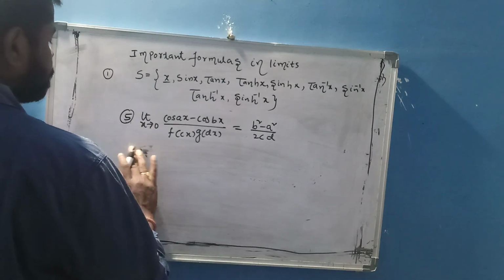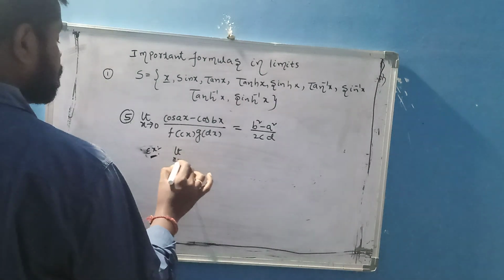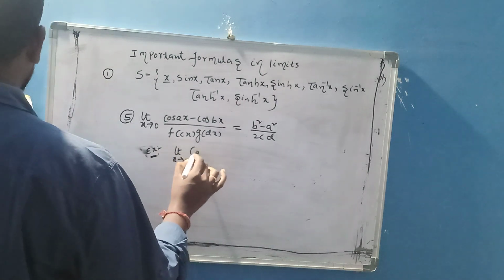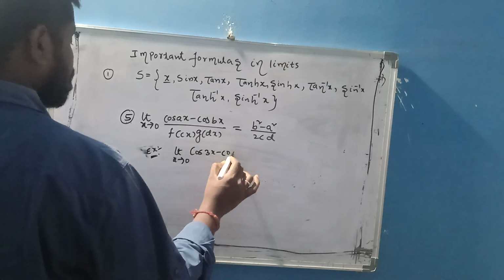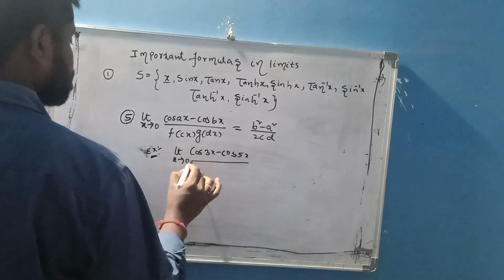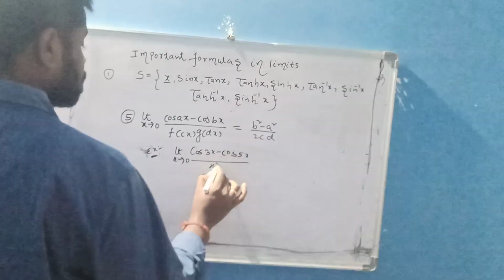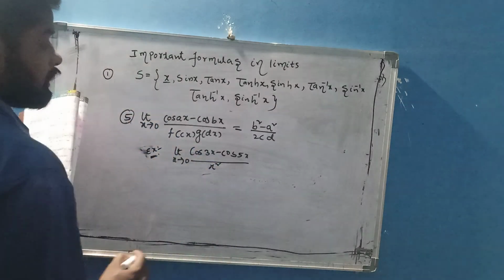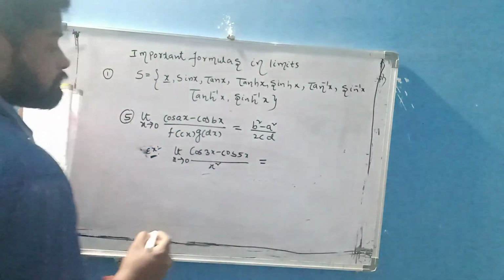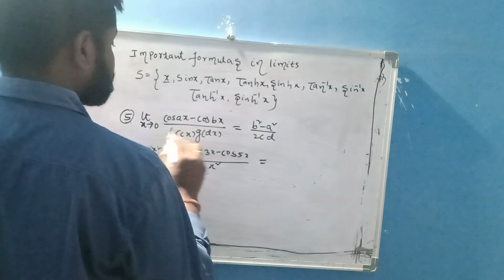Here is an example: limit x tends to 0 of cos 3x minus cos 5x by x square. Cos 3x minus cos 5x by x square means b square minus a square.